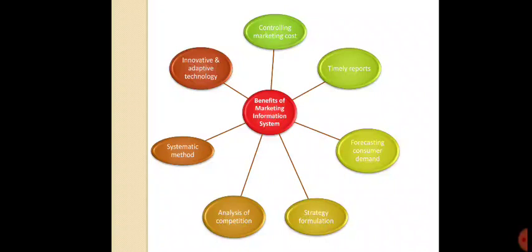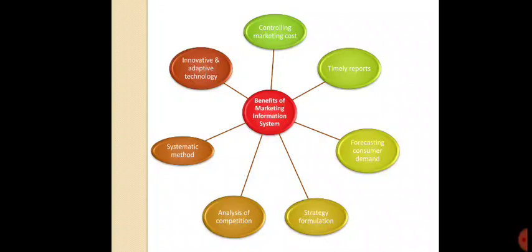And the next is strategy formulation. Very important. MIS is helpful in formulation of strategy for different business decisions. And the next one is analysis of competition. As we know, the present or modern markets are competitive. A marketer cannot make decisions in a competitive situation without information.